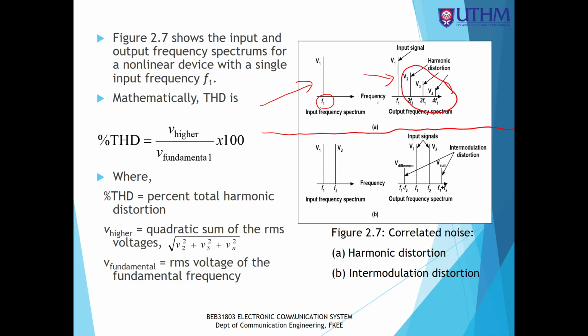So you see that the original frequency is F1, so the harmonics will start at 2F1 and then 3F1 and then 4F1 until NF1. So the number of harmonics depends on the process in the system. Tidak semestinya 4, dia boleh lebih daripada 4.